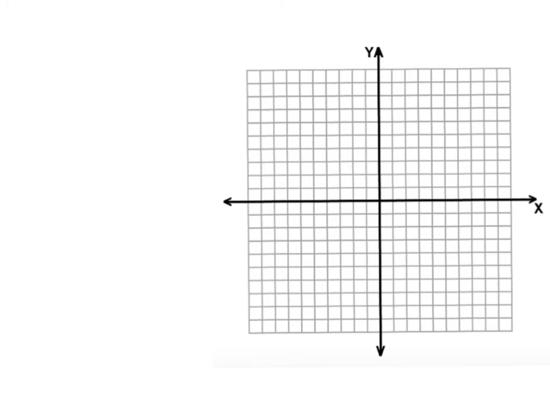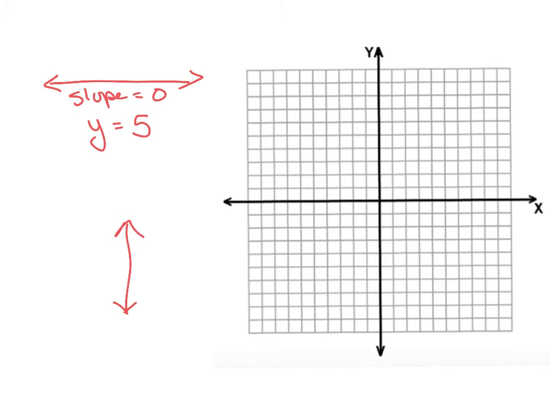Let's do one that's a little bit tricky. We talked about horizontal lines and we've talked about vertical lines, okay? Horizontal lines have a slope of 0, and anytime we have y equals any number, we'll say 5, that's going to be a horizontal line. So we're going to go up to 5 on the y-axis, and that is a horizontal line, okay? Let's erase this and use a different color.